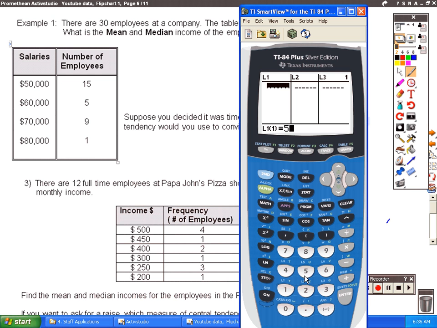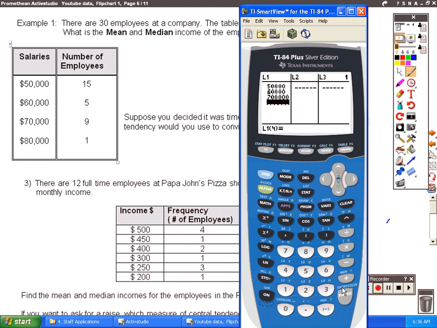Okay, 50,000. Oops, I typed 500,000. One more time. 50,000. And then the second salary is 60,000. The next salary is 70,000.